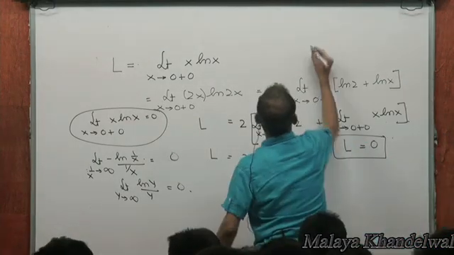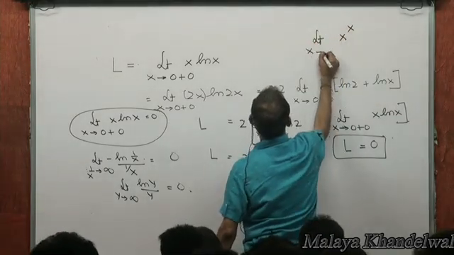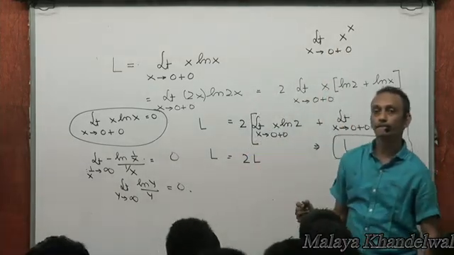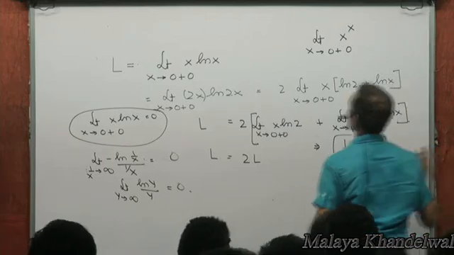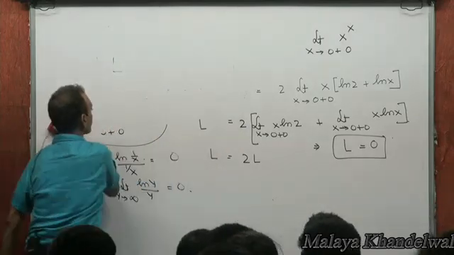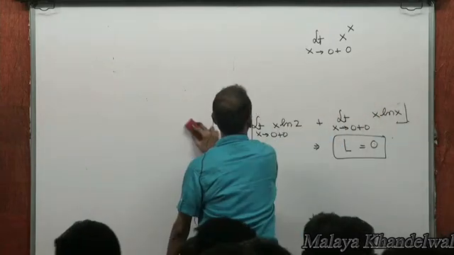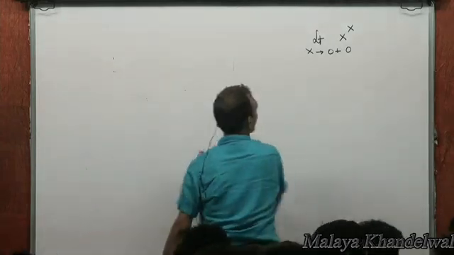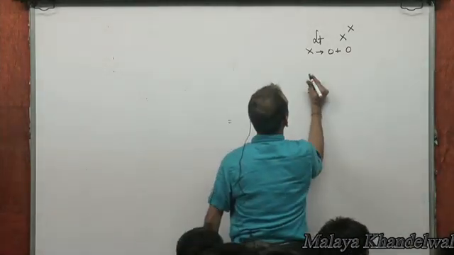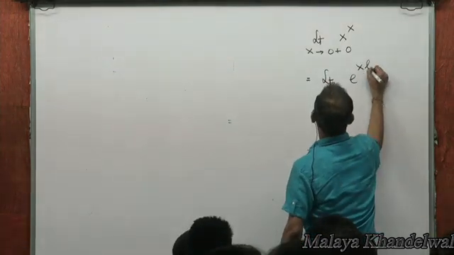If someone said limit x to the power x as x tends to 0 from the greater than 0 side, this is like limit, this x I can write as e power ln x.